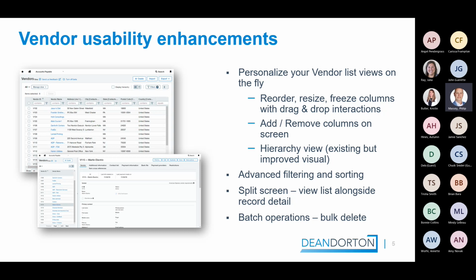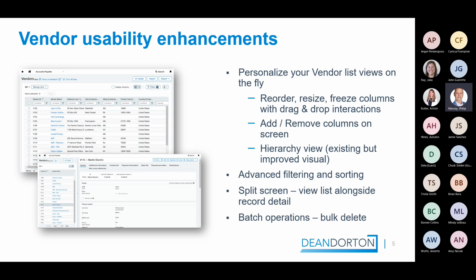You will, in the vendor list screen, need to click the link to turn on the list beta interface. But from there, you have greater capabilities of personalizing your list views right on the screen, adding and removing columns, reordering, resizing columns, things like that. So a lot of that is much more in your control.